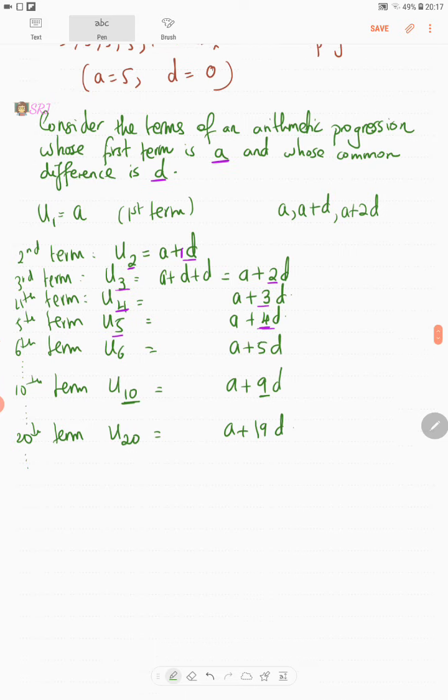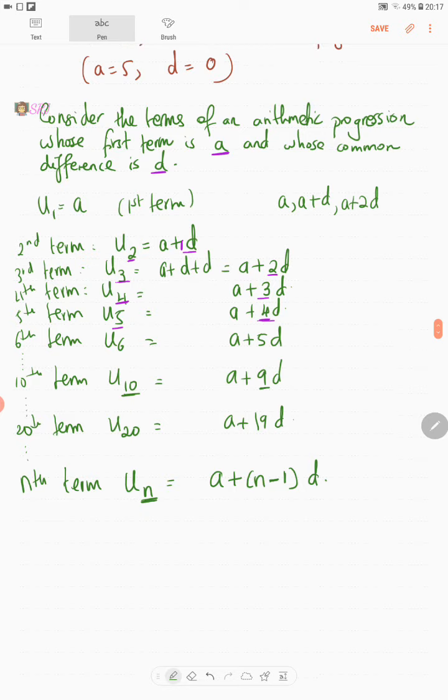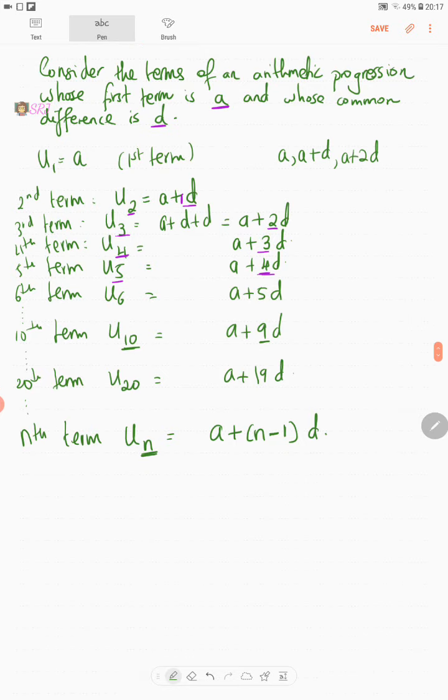And then in general, if we have the nth term, denoted by un, here it will become a plus, here we have n, so we have to take n minus 1 times d. So we have obtained the general formula for the nth term of an arithmetic progression.